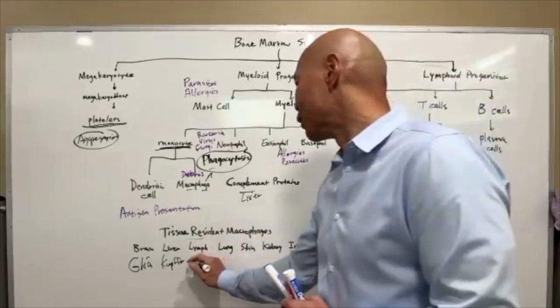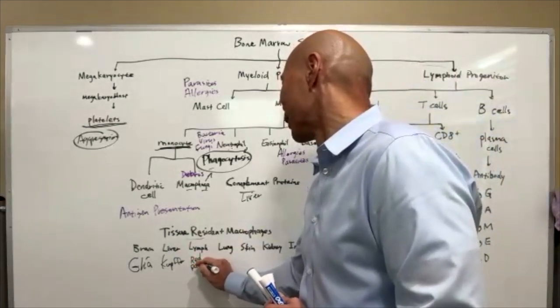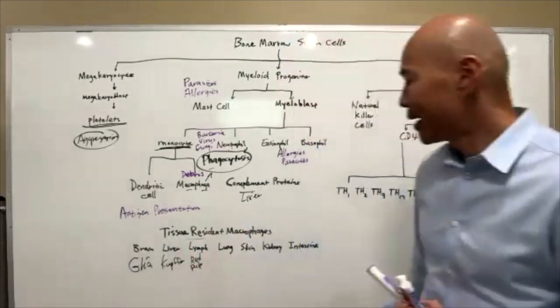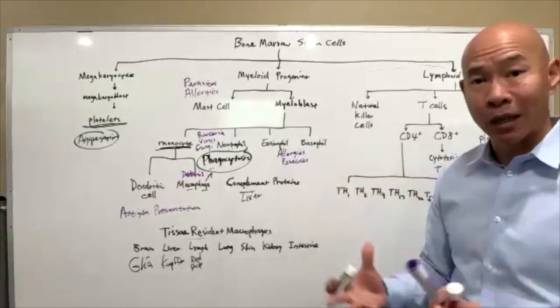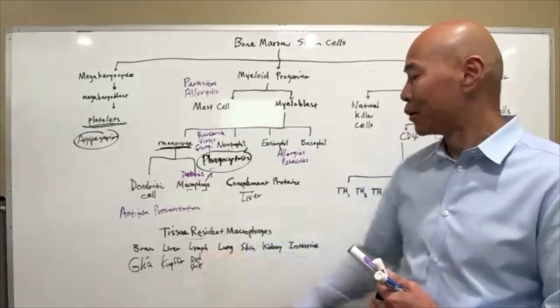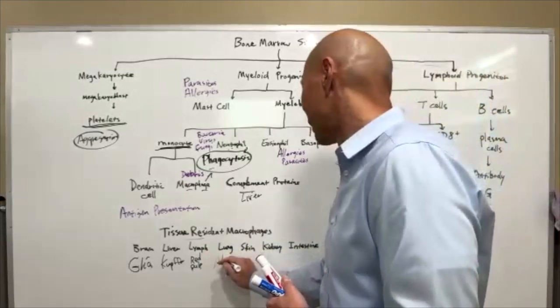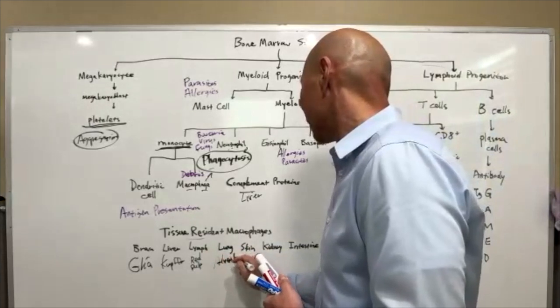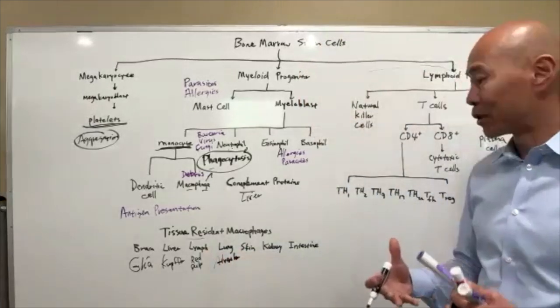And then your lymph node has the red pulp, which is a specific area in your lymph node that contains these macrophages. Again, their job is to eat up cellular debris and clear pathogens from your lymph nodes. And then in your lungs, you have the alveolar macrophages, which help you to get rid of pathogens in the lung.